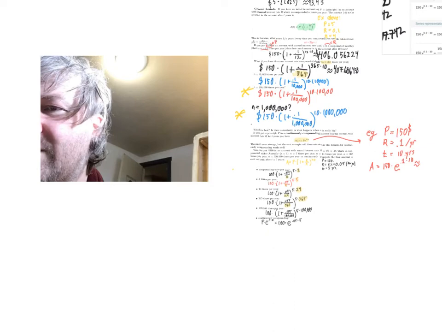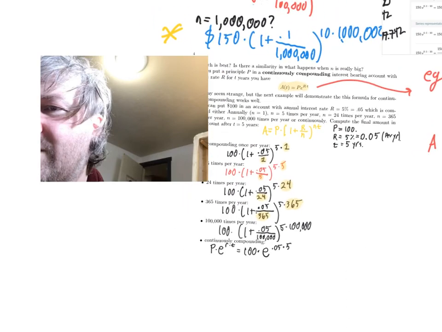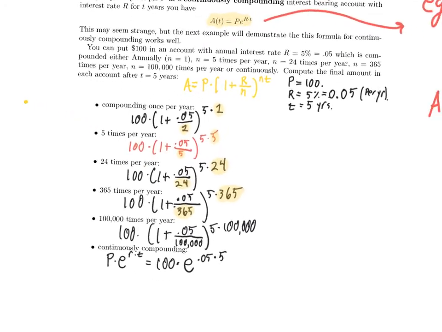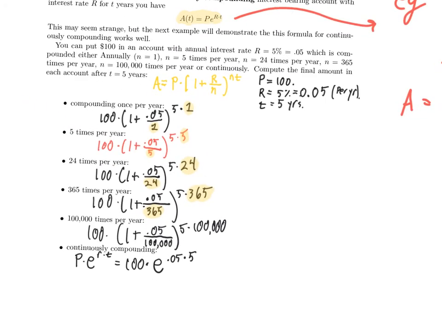Okay, and now back to the actual content of the lecture. So, what have I written right here? Let me go ahead and get rid of that. I've put down the formula for growth in an account due to interest.